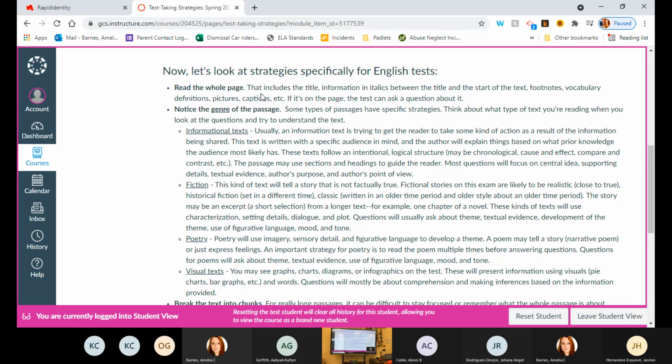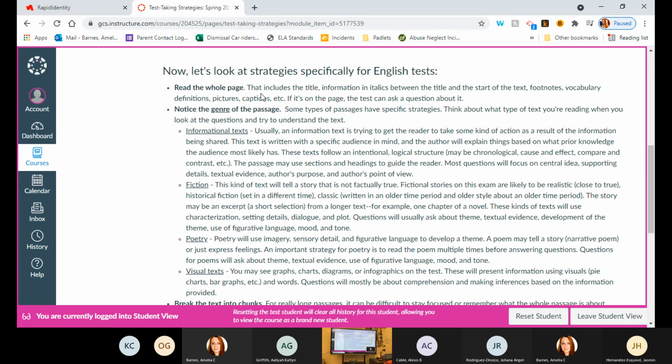Sometimes on the passage, there'll be italics at the beginning, between the title and the start of the text. A lot of people skip those, right? But you shouldn't skip those because normally that's where you're getting your historical context or information about the author. And if it's on the page, they can ask a question about it.